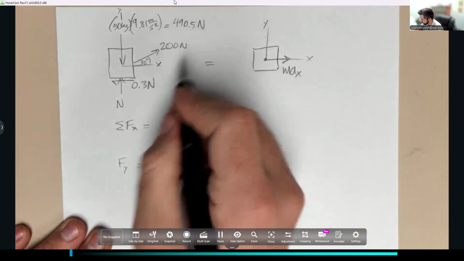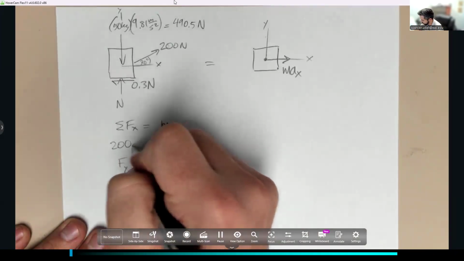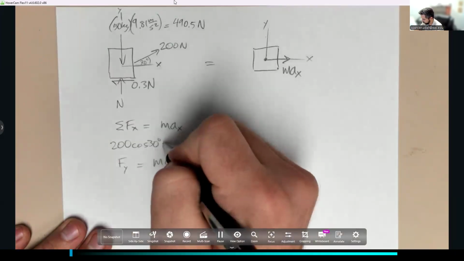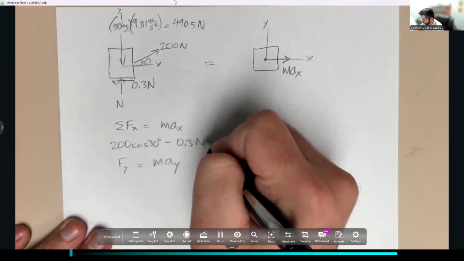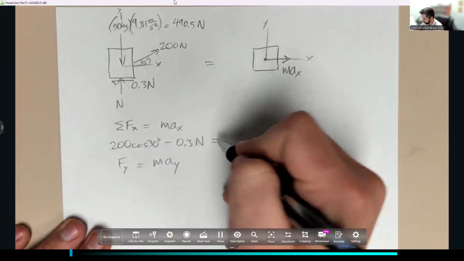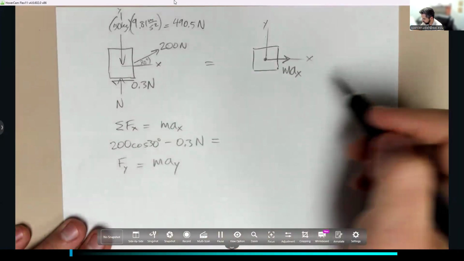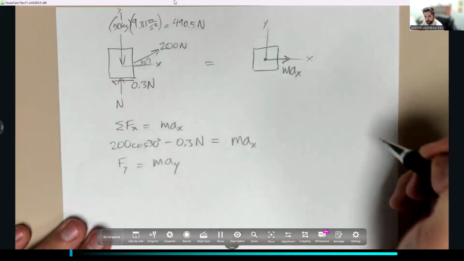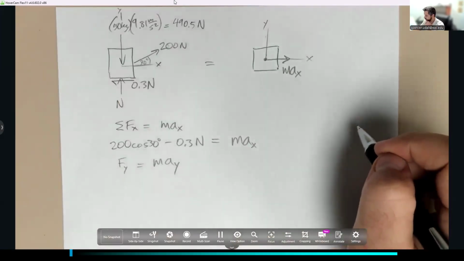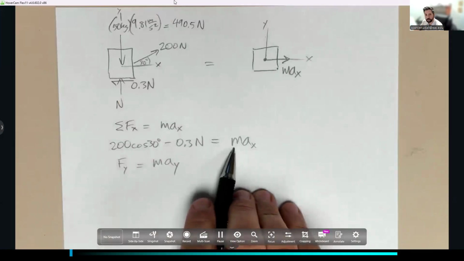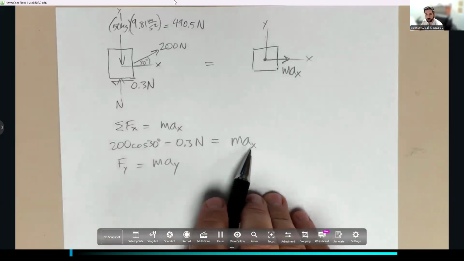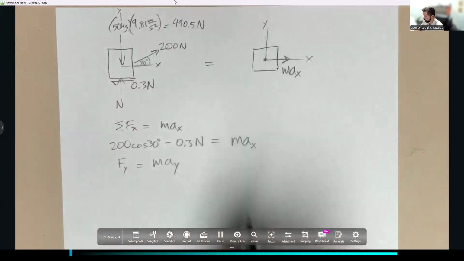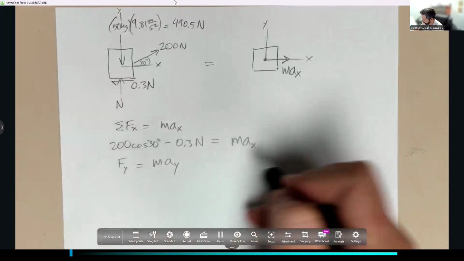We'll have 200 cosine 30 to the right and negative 0.3 times the normal force, because that's to the left, equals, that's all our forces, on the mass times acceleration, we have max. Now, we know what the mass is, we could plug that in. We don't know the acceleration yet, and we don't know the normal force yet. So we're going to have to pause on that one for a little bit and go over to the y equation.